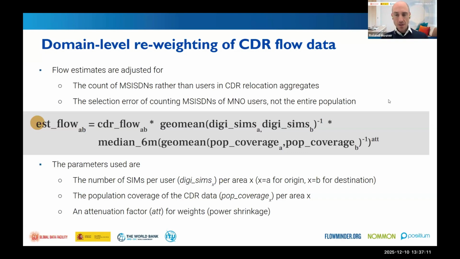And this needs a correction, and this correction usually requires survey data. It could also come from using the number of devices and the number of phone numbers or SIM cards in the data set, but this would only be a proxy. Ideally, you have a survey asking people how many SIM cards they're using and from which operators in order to allow you to calculate that adjustment factor that here is called DigiSIMs because this is from one of the providers we are using.